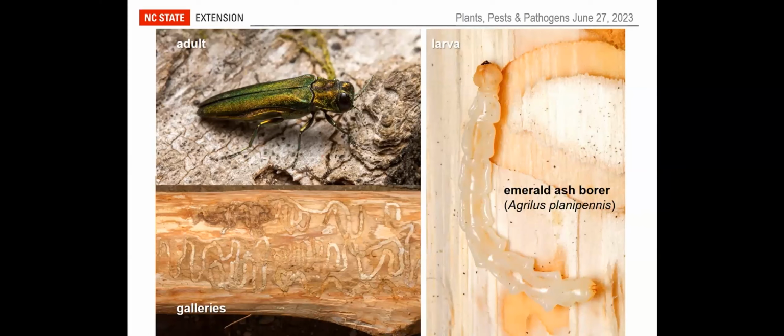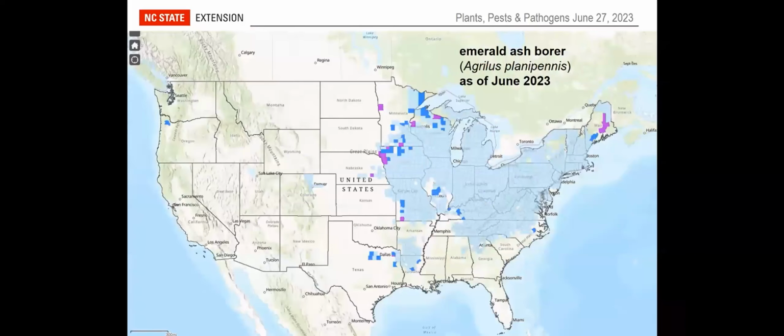Now, there's not really much to be said about this because it is now very widespread in the U.S., at least the eastern half of the U.S. On the West Coast, they're really worried about it, but for now, honestly, it's here in North Carolina, it's widespread, and it's probably never going away. And so we're looking at management and resistant trees and some biocontrol, wasps, things like that, but really it's here in the state and it's here to stay.